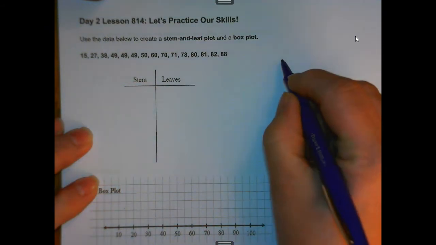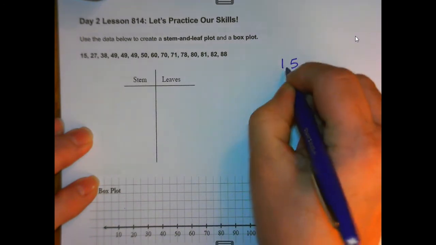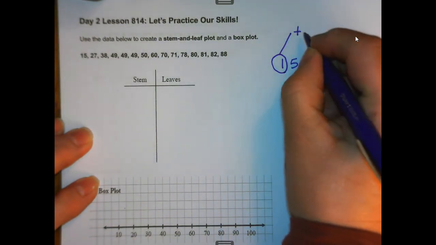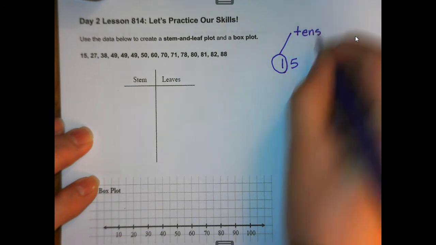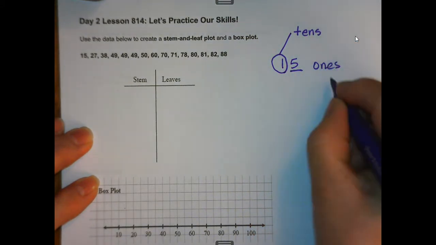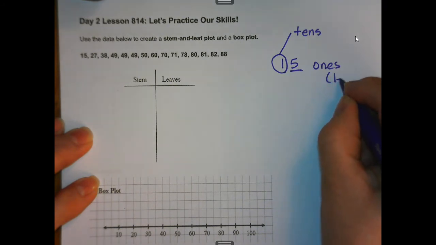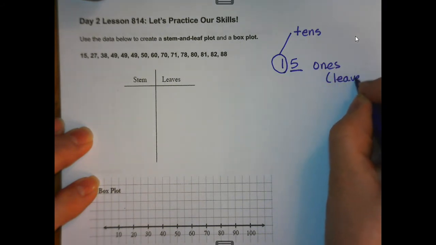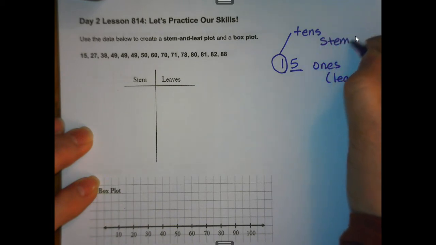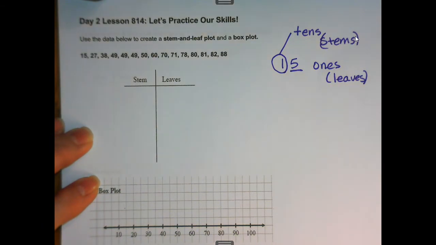So when we have a number like 15, this is the tens place, and this one is the ones place. And so these are going to be the leaves, and the tens are going to be the stems. And that kind of rhymes, 10 stems.